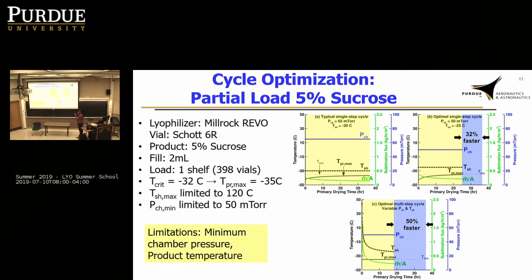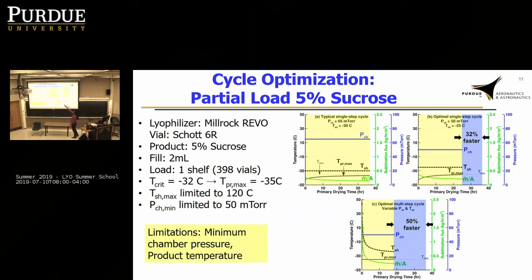But the interesting thing to note here is that the limiting product temperature is much lower in this case, because for a sucrose solution the critical temperature is around -32, so we just restrict it to -35. So it can't go to -5, which is quite high. So there you see that even though you've restricted the maximum shelf temperature again to 120, you don't go anywhere close to 120 because you don't want the product going to such a high temperature.